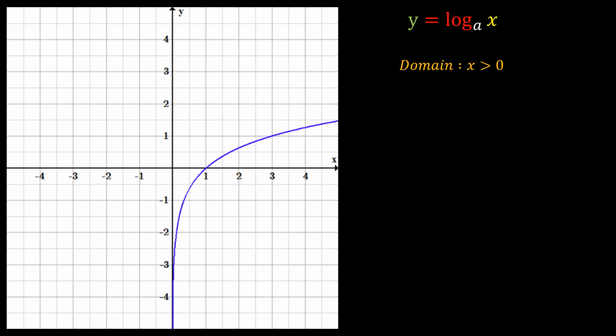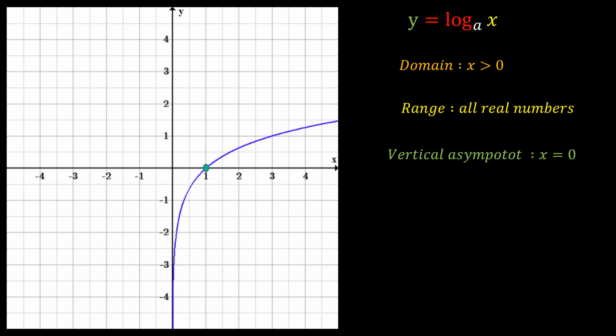So x is always bigger than 0, and we cannot substitute 0 or a negative number inside the logarithm. Now it covers all the numbers on the y axis, so it means that the range is all real numbers. And here, look at this part down. The graph of the function is very close to this part, so it means that we have a vertical asymptote. And this vertical asymptote is the y-axis, which has the equation x equals 0.